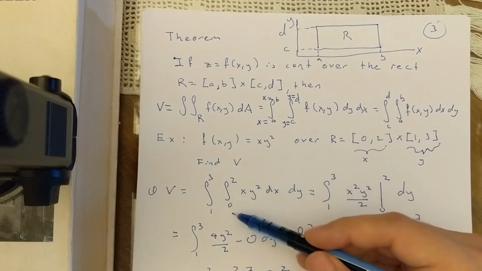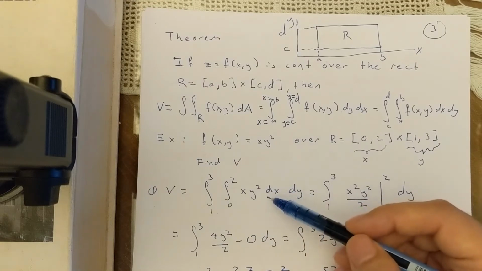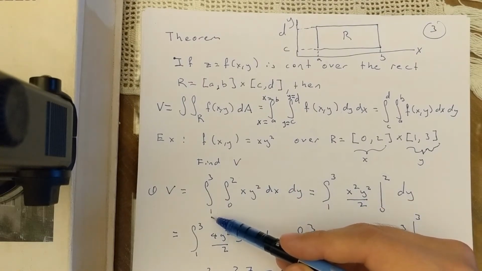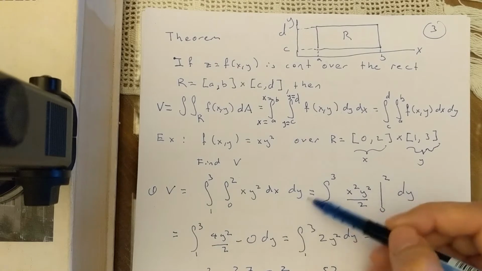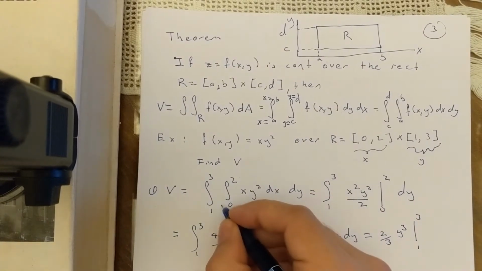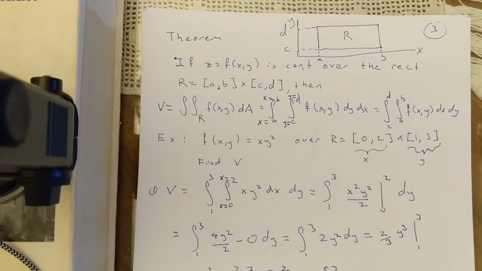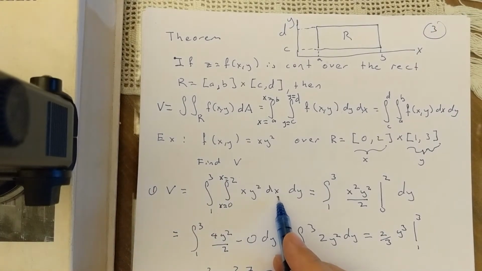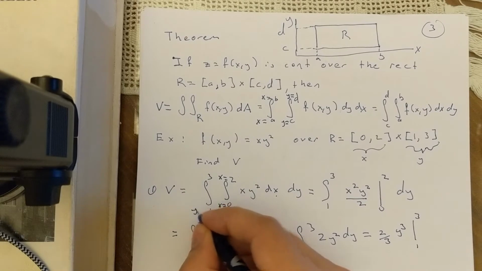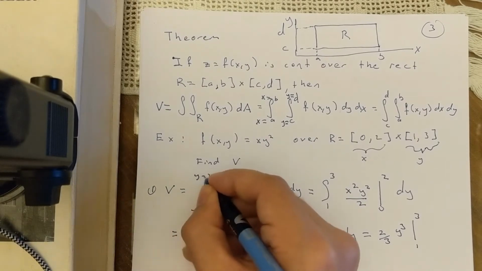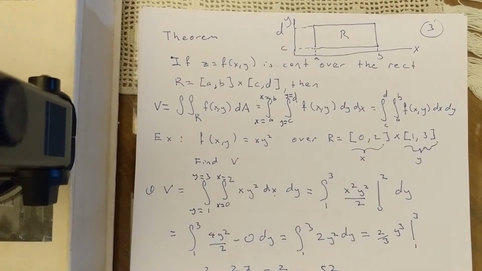You say 0 to 2, x squared y squared dx. And where does y go? y goes from 1 to 3. That's why dy is on the end. So if you write these, you'll never get confused. If you write, well, this is the boundaries for x, then the first one has to be a dx. These are the boundaries for y. Then the outside one has to be a dy.